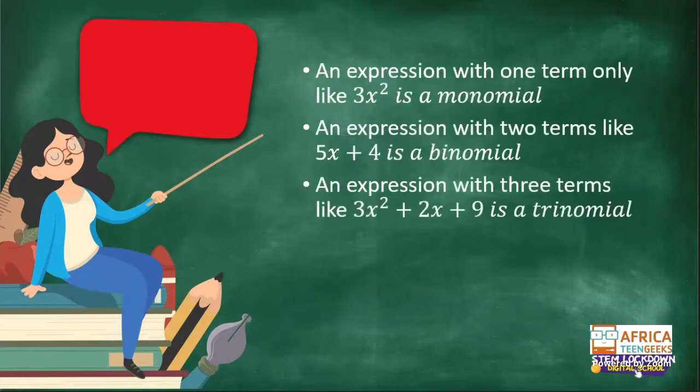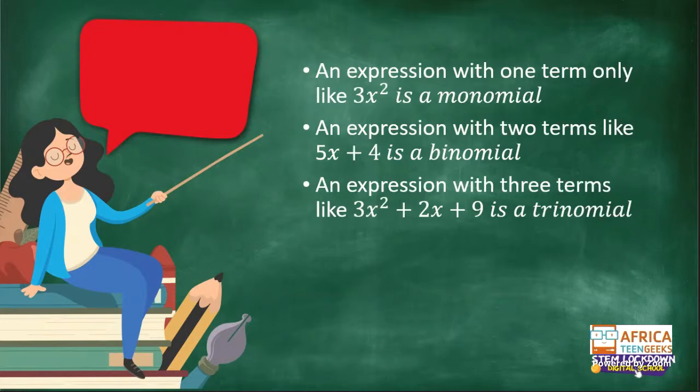Now, just to remind you, an expression with one term, we call it a monomial. For example, we have got 3x squared, and that's a monomial because it is an expression with only one term. Now, an expression with two terms is called a binomial, and the example there is 5x plus 4.